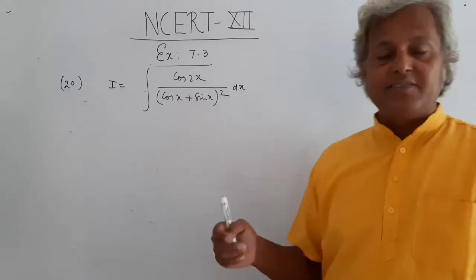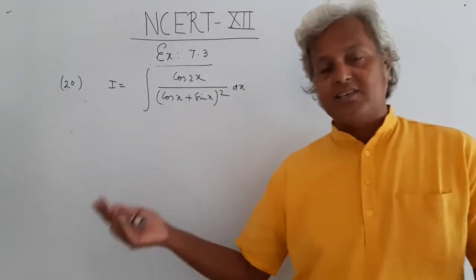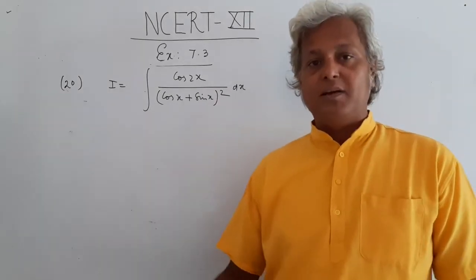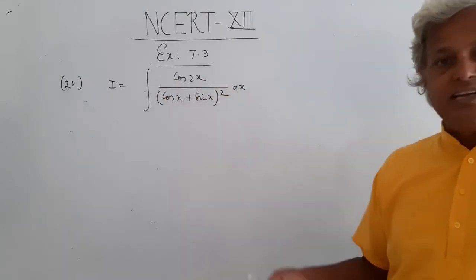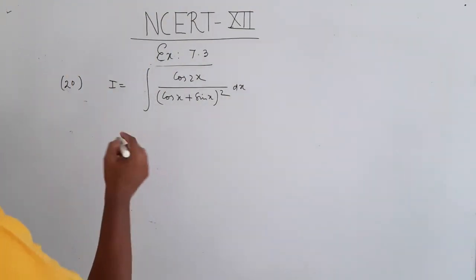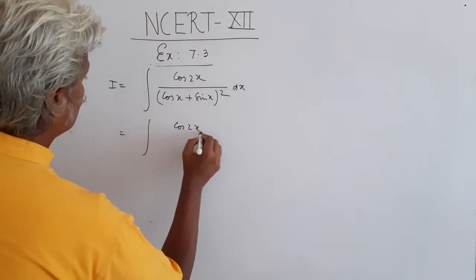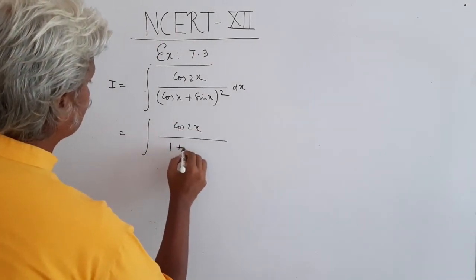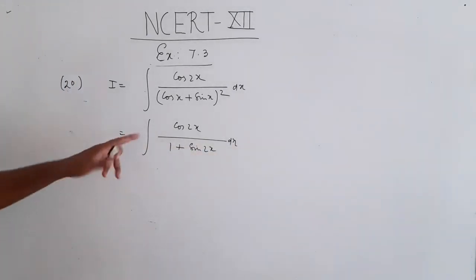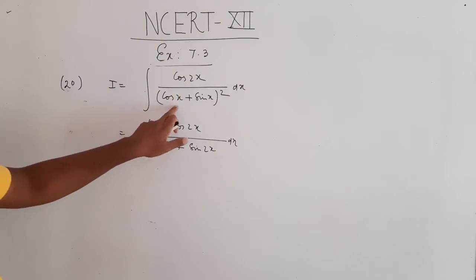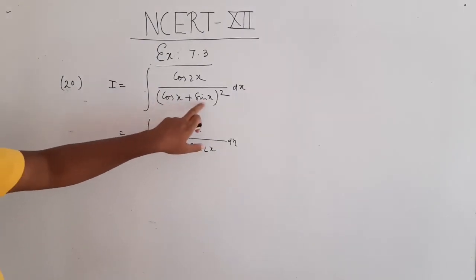Cos x plus sin x whole square, if you expand, you'll get cos square x plus sin square x plus 2 sin x cos x, which becomes 1 plus sin 2x. So I need to expand this, and the numerator cos x dx can be written directly, because I expect everyone knows that cos square x plus sin square x is 1, and the 2ab part, that is 2 cos x sin x, is this.